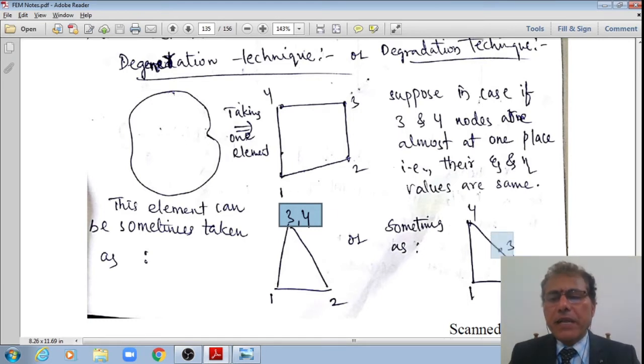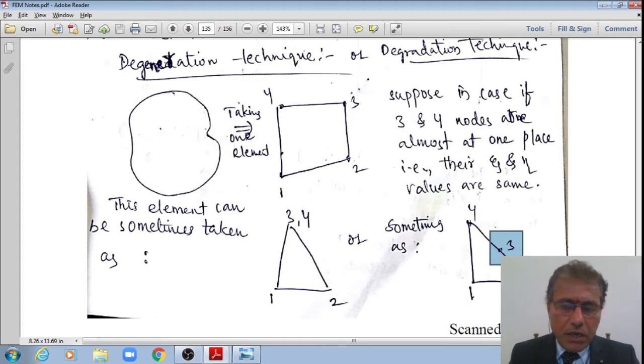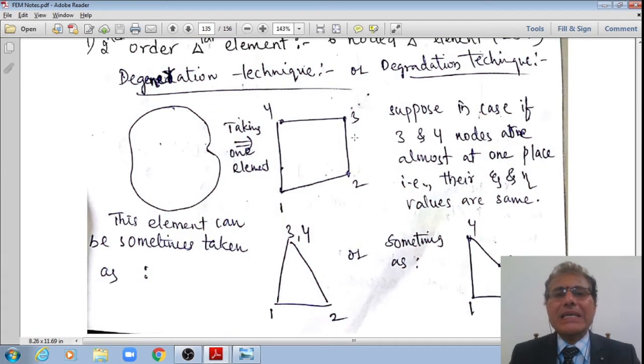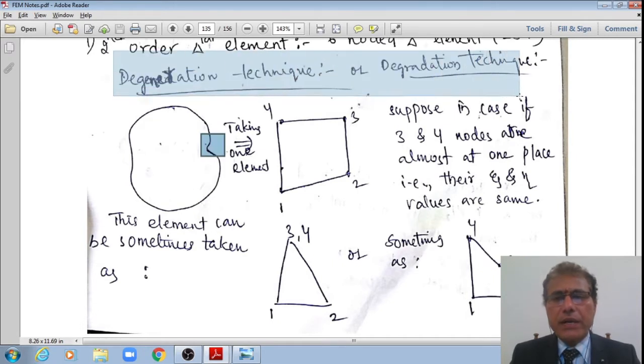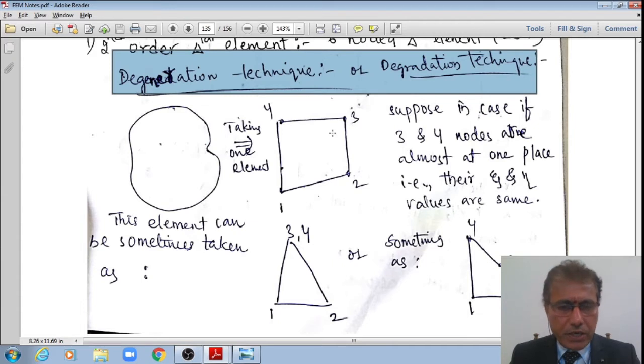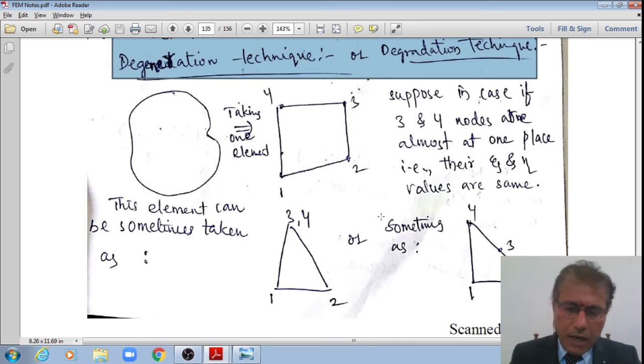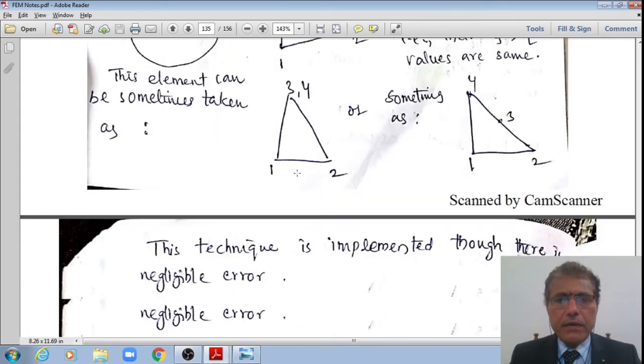Or sometimes a node may be at the mid of points 2 and 4 respectively. This is called the degeneration of the element geometries, the degeneration technique. Even then the shape functions you have proposed are applicable, they won't give any error, and the results will not give any error, right?